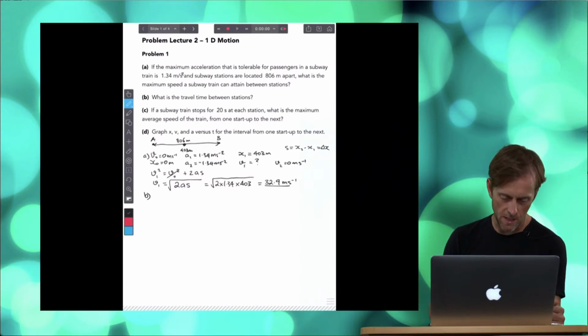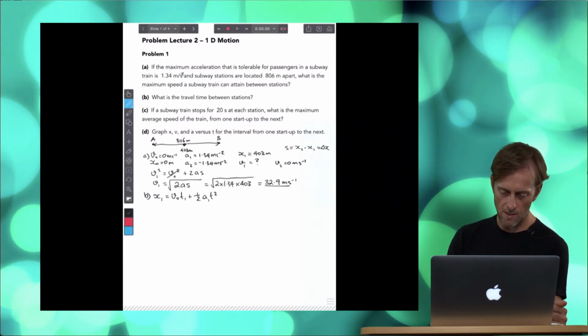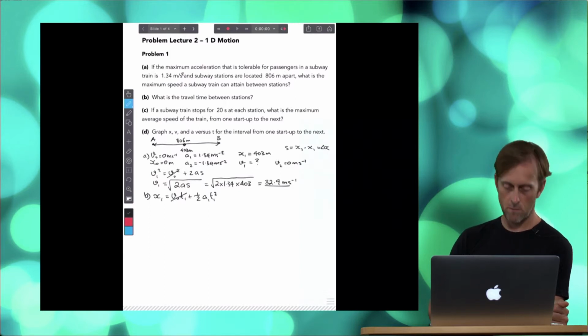So we can then use the equation x1 equals V0 t1 plus half a1 t squared. That's basically saying we find out the time it took to get to the midpoint, solving for t1 in this case. And then we just double that, and that should be the time taken for the entire journey. So we get rid of our V0 t1, and we get x1 equals half a1 t1 squared.